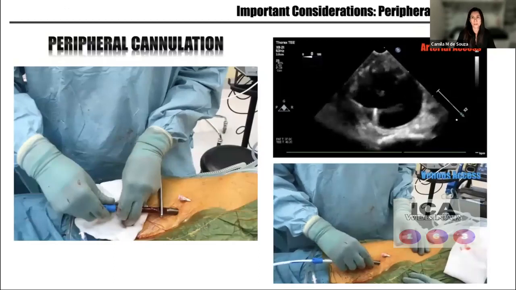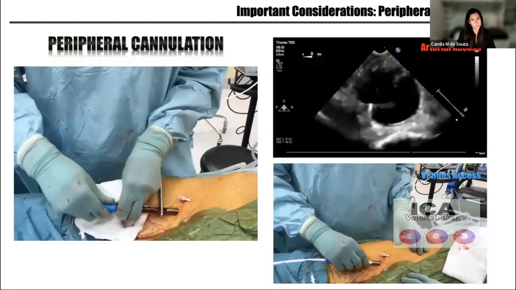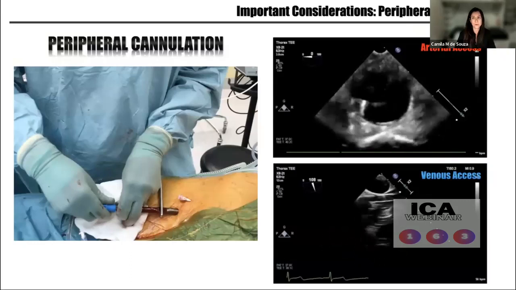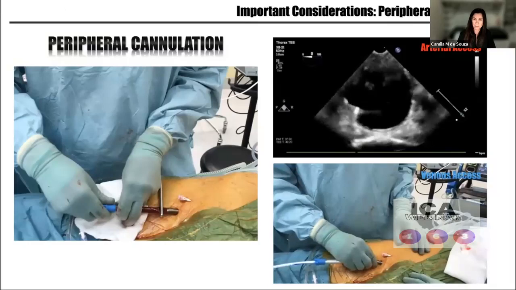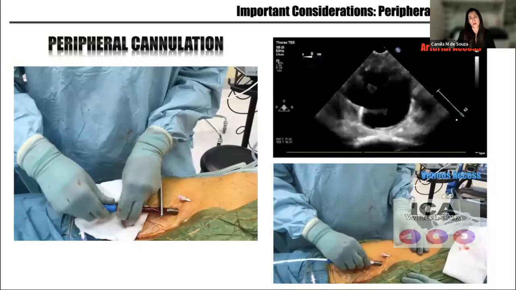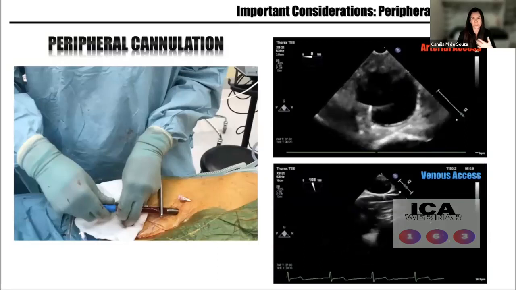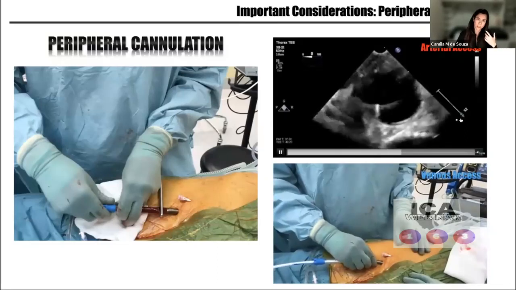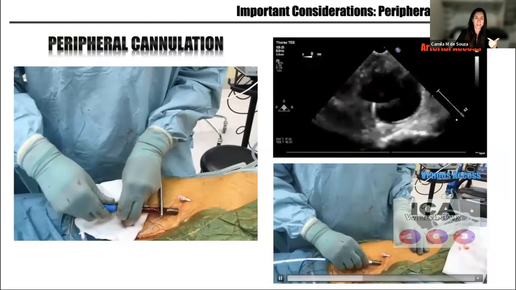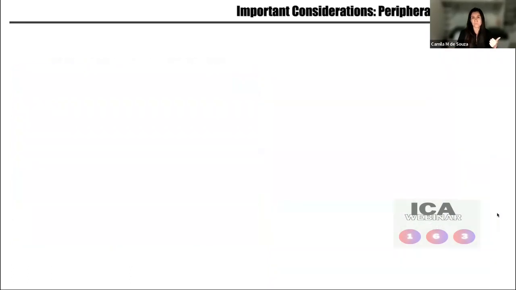As I've mentioned before, peripheral cannulation through the femoral vessels is the most popular approach to establish cardiopulmonary bypass during these cases. We rely on TEE to assist with the insertions of both the arterial cannula and the venous cannula.